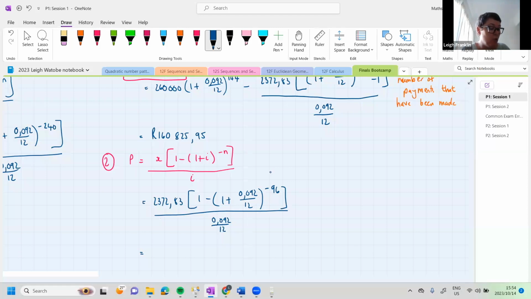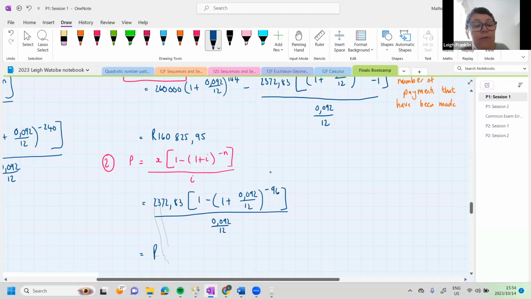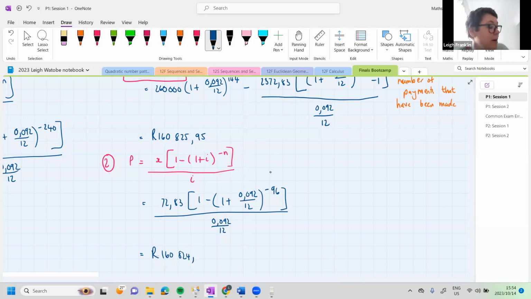Don't forget to close all the brackets that you open. Otherwise, you're going to get an error message on your calculator. Okay, so doing it this way, you end up with R160,824.42. Okay, so just a little bit different.